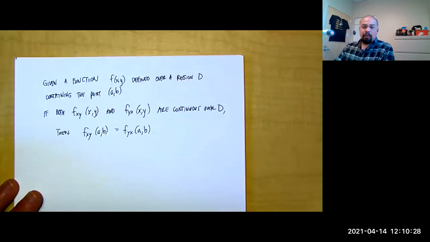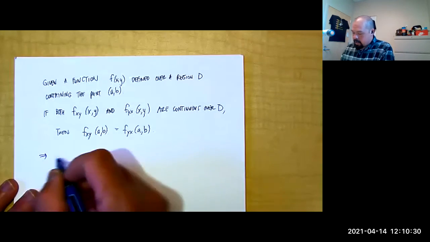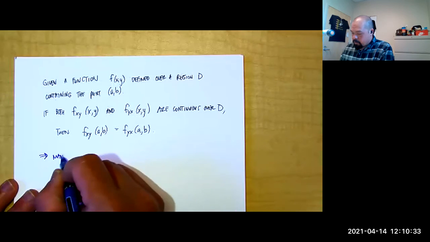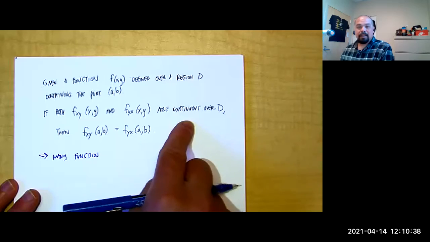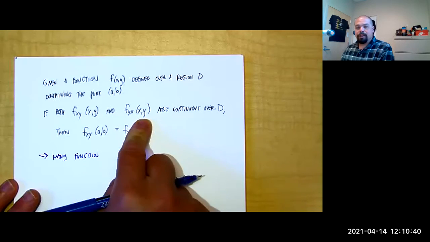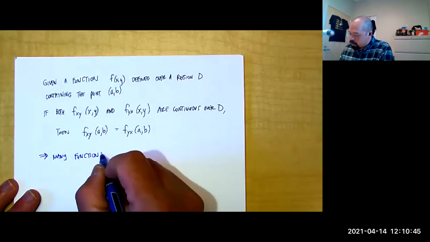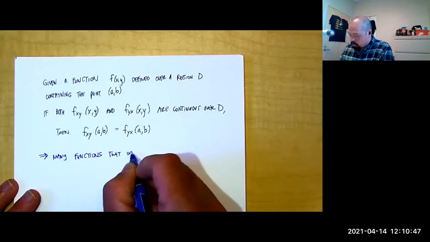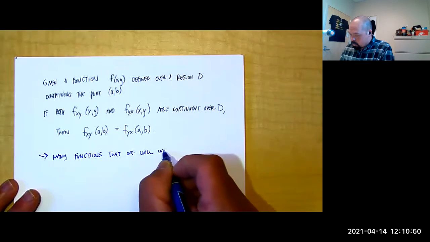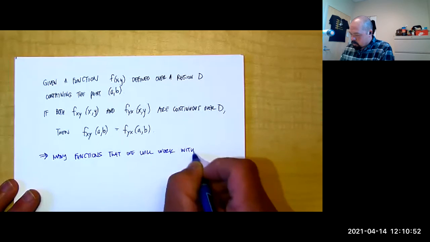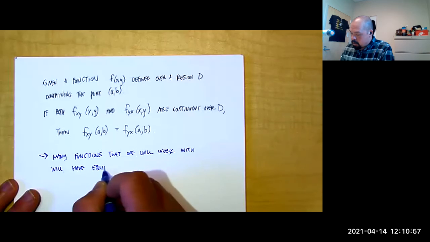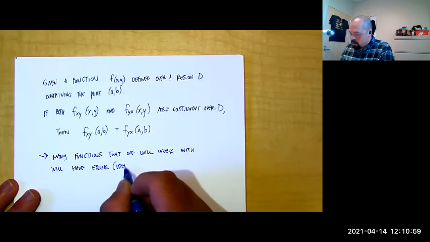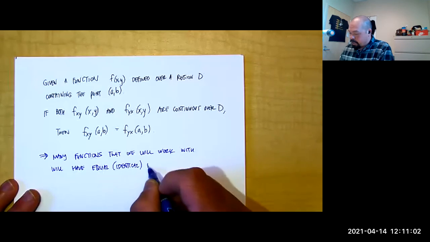And so for a lot of functions that we'll see, when we have continuous expressions where we can evaluate it, we don't get zeros in the denominator, asymptotes, taking square roots of negatives, and so on, many functions that we work with will have equal, or identical, mixed partials.